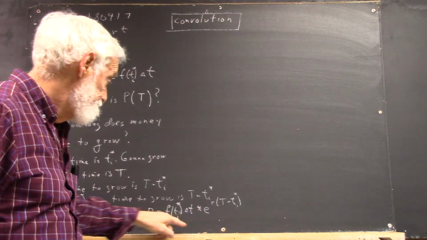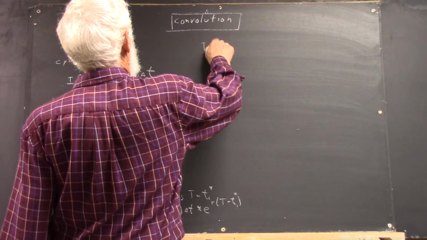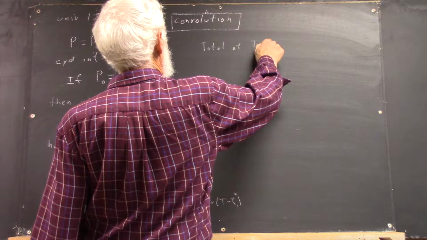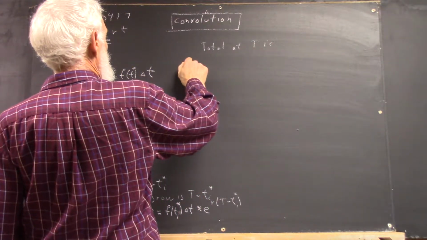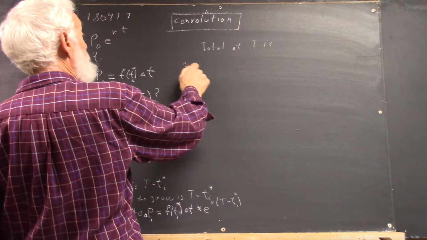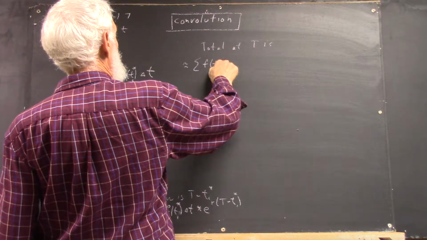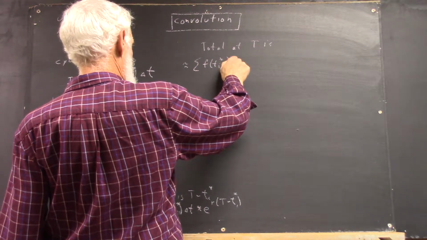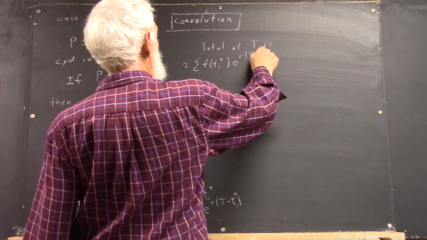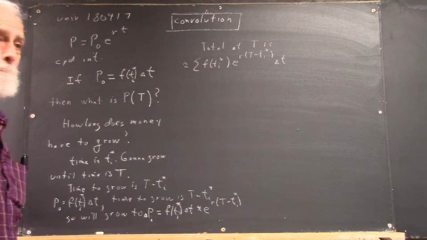So the total amount is approximately the sum of f of t sub i star e to the r times t minus t sub i star delta t, right?